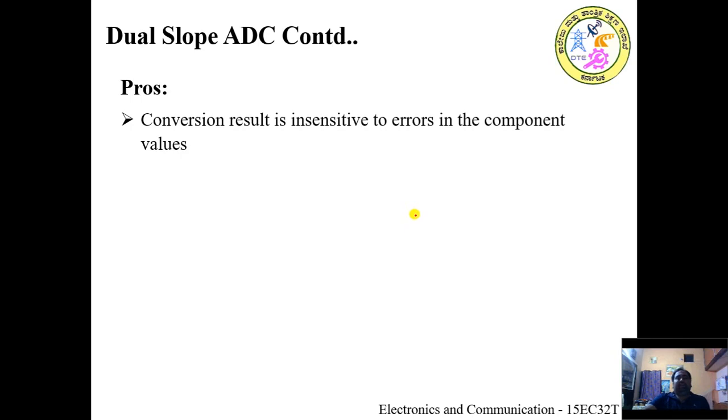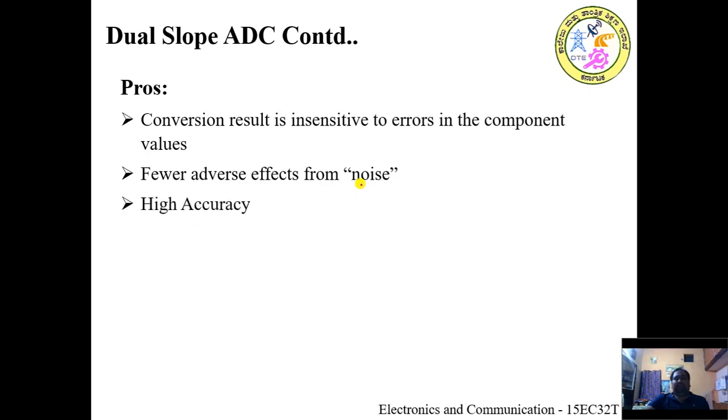Here the conversion result is insensitive to errors in the component values, so there are fewer errors. Second, it is free from adverse effects of noise. I can say this kind of ADC has better noise immunity. You can get an accurate result here. The major drawbacks are that it is very slow.